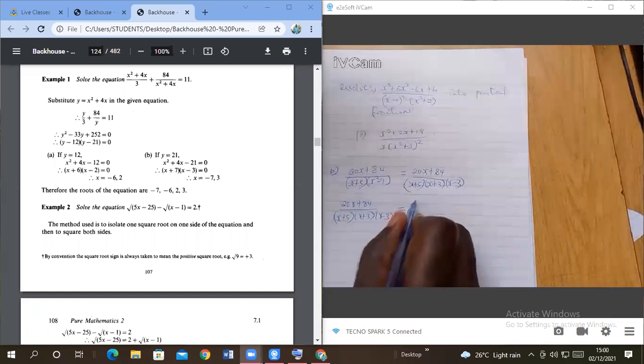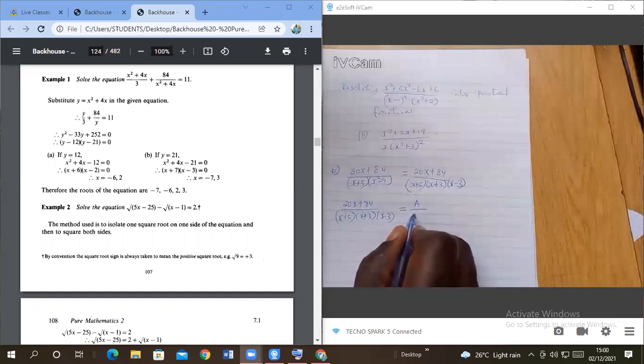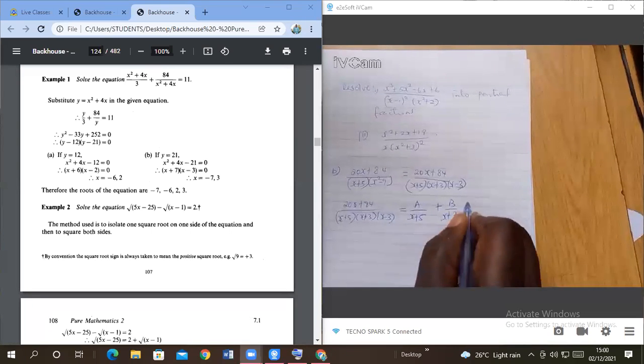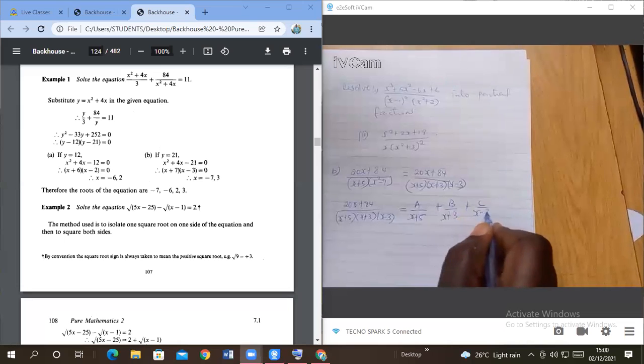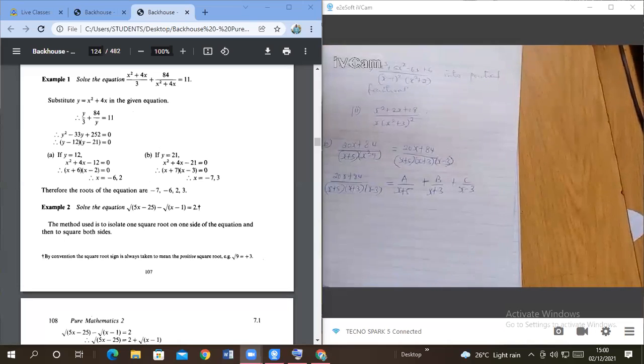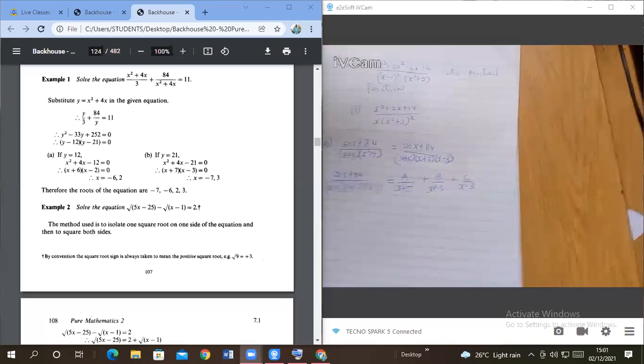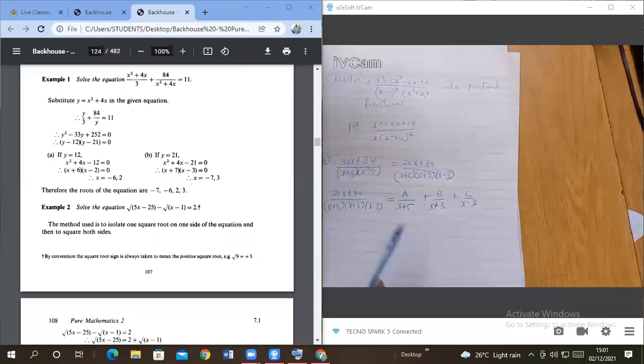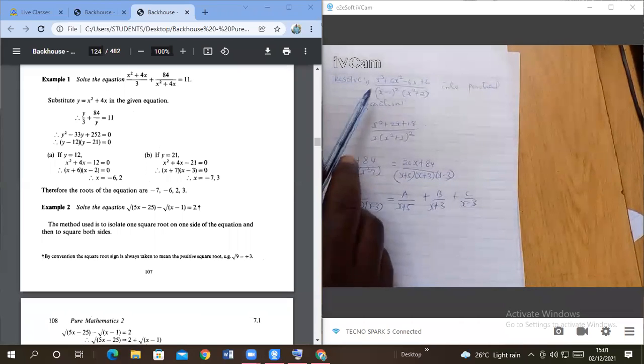So the denominators are all linear, meaning that they carry constant numerators. So you have a over x plus 5 plus b over x plus 3 plus c over x minus 3, which I'm very sure you can now complete. Isn't it? Yes. Okay.